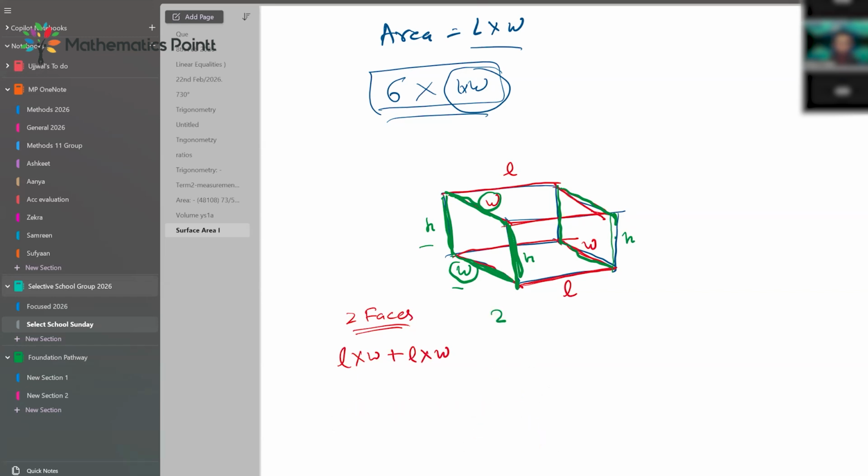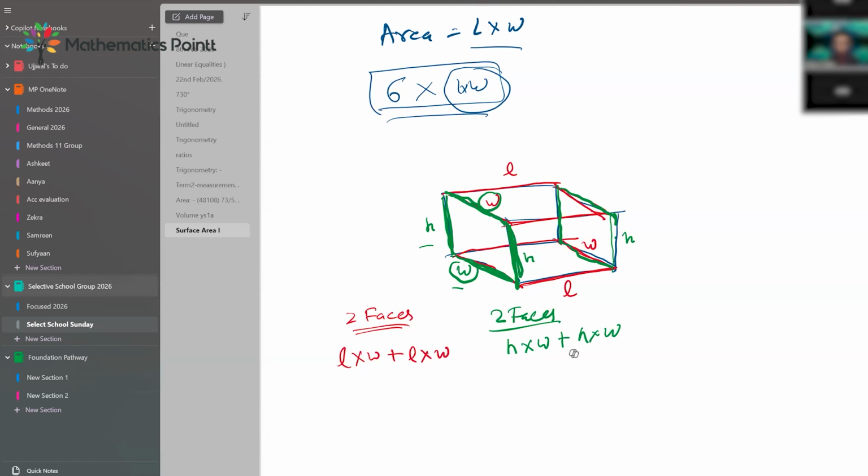So now I've picked up another two faces in green. The areas are H times W plus H times W. So now I'm done with four faces in total.